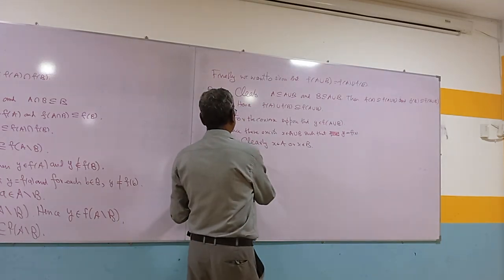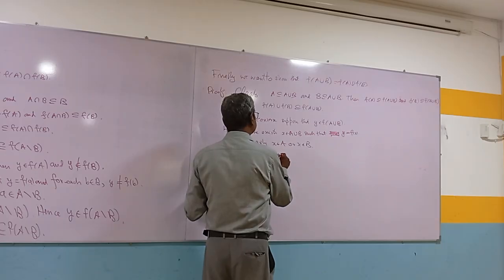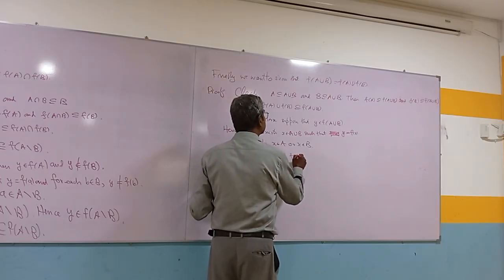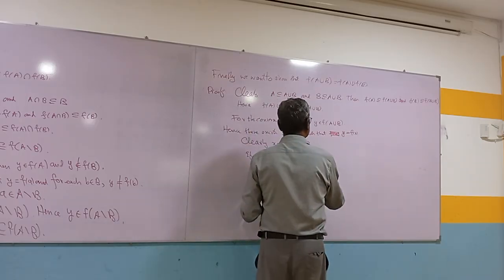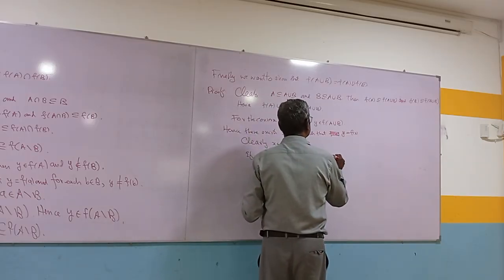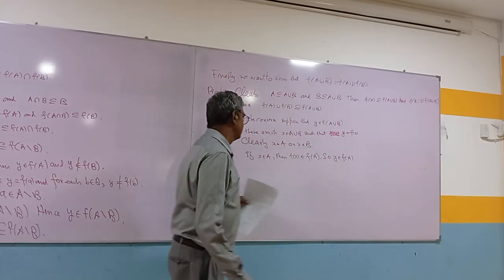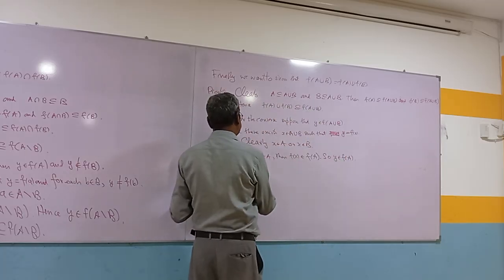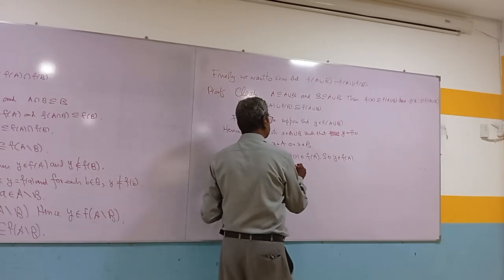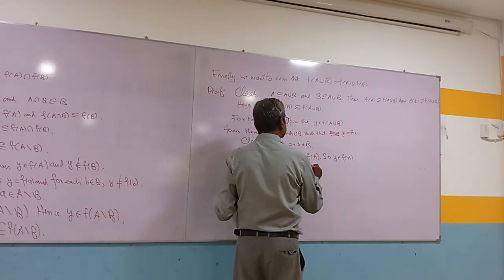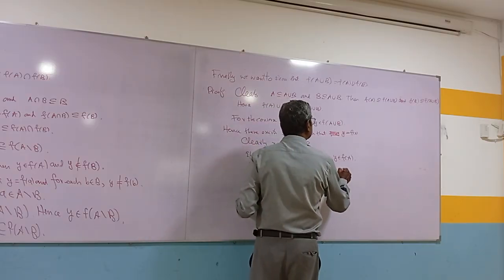If x belongs to A, then f(x) belongs to f(A). So y belongs to f(A). If x belongs to B, then f(x) belongs to f(B). So y belongs to f(B).